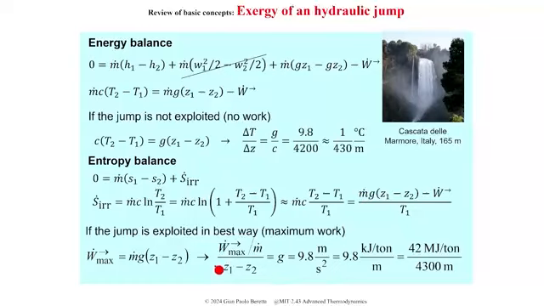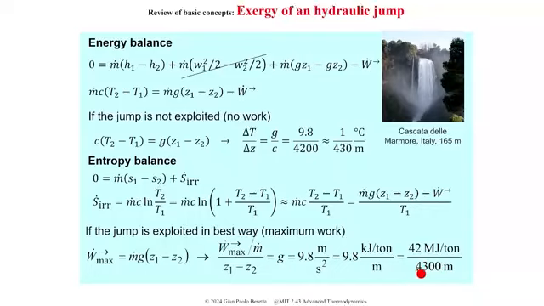And that is, per unit mass of water that falls, and per unit of height, equal to g. And g can be written as, of course, 9.8 meters per second squared, but it can also be written in these other fancy units. It's 42 megajoules per ton over 4.3 kilometers.